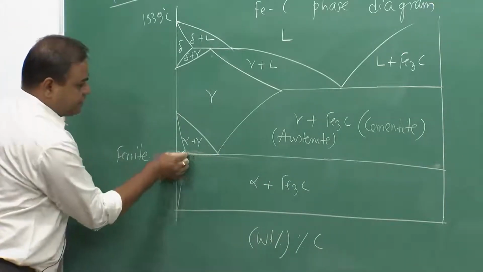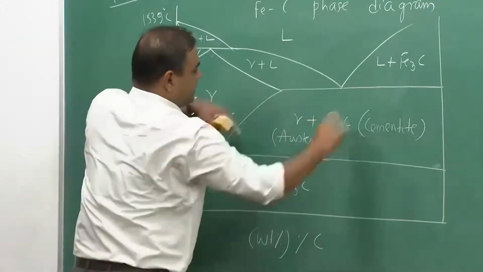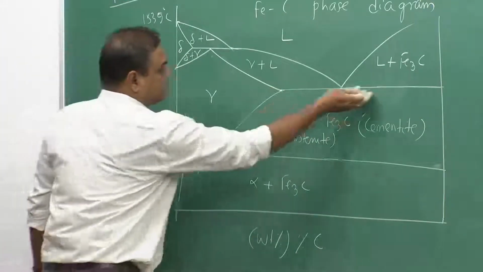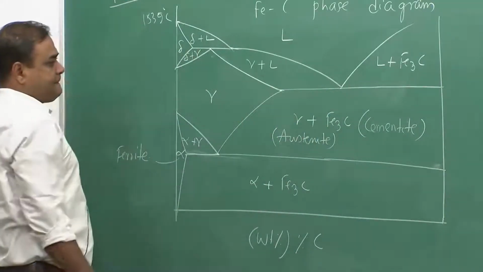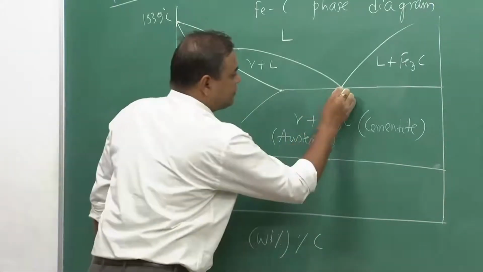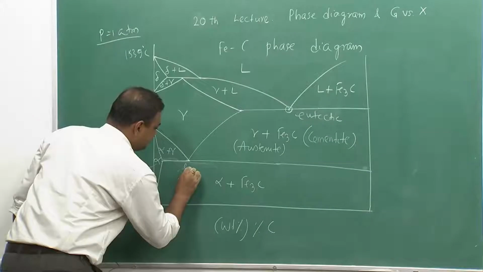And if I try to see the temperature of different lines, so these are also invariant lines. And here we have eutectic transformation. This is eutectic, this is eutectoid.